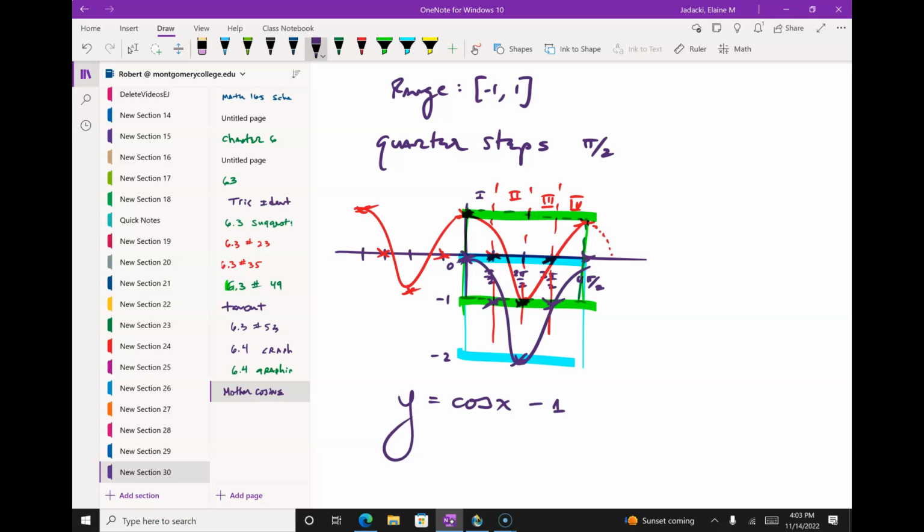And there's my cosine x minus 1, almost, right? Horizontal, vertical shift. So I want to be able to draw the mother function for sine and cosine.